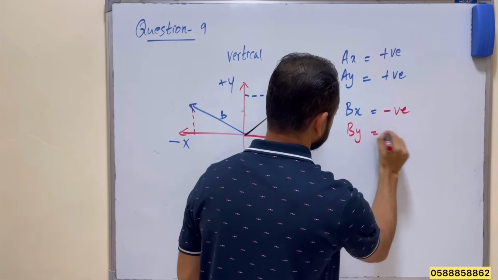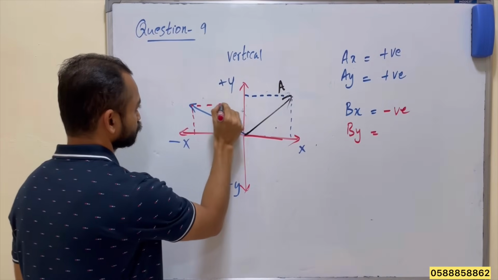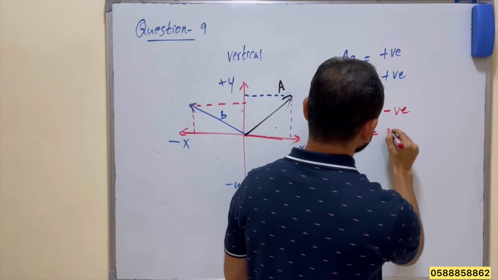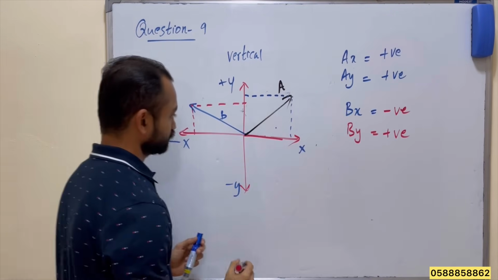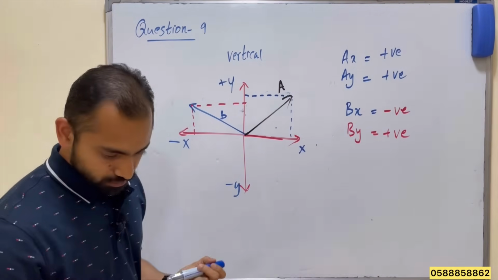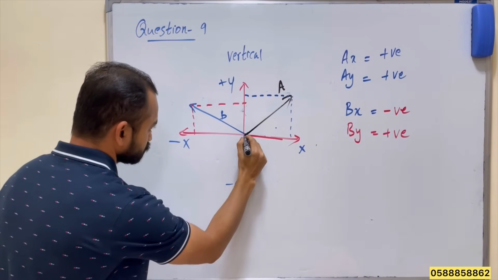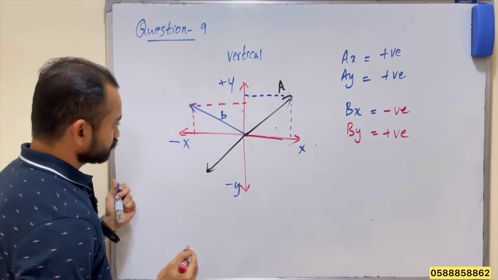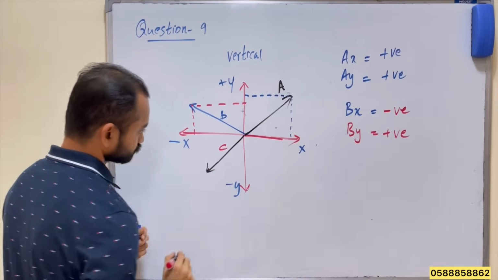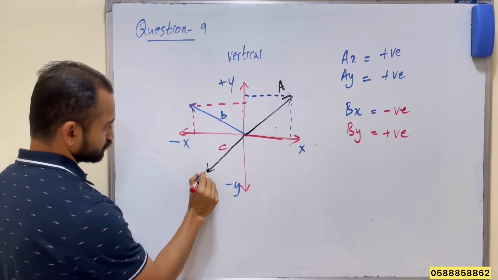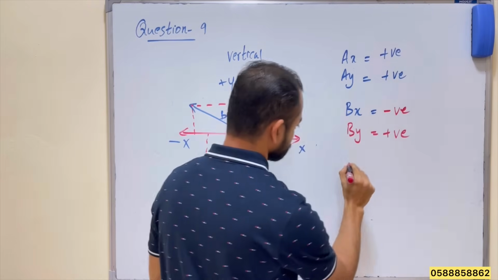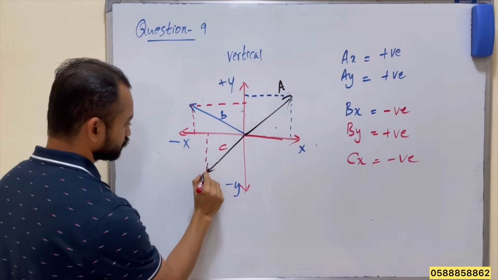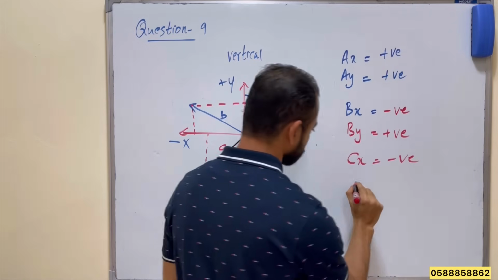By, from here go to the y-axis. It is reaching positive, right? Yeah. Then another vector. Okay, so we will give a name C. What is the x component? From here go to the x-axis. Cx, tell negative or positive? Negative, right? Y component, from here go to the y-axis, both negative.